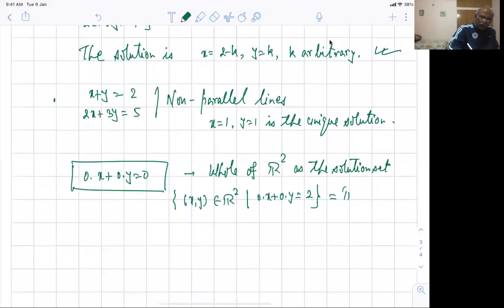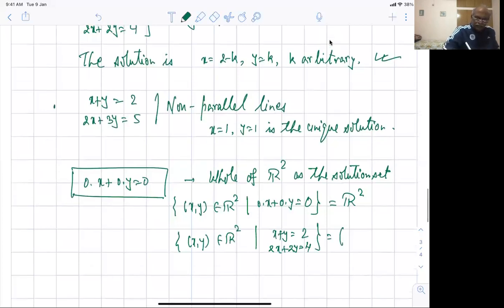This will be the whole of R2 itself. Fine. If I'm looking at all xy belonging to R2 so that x plus y is 2 and 2x plus 2y is equal to 4, then what we saw was that this is nothing but 2 minus k, comma k, with k belonging to R. So this is the set that I am looking at.